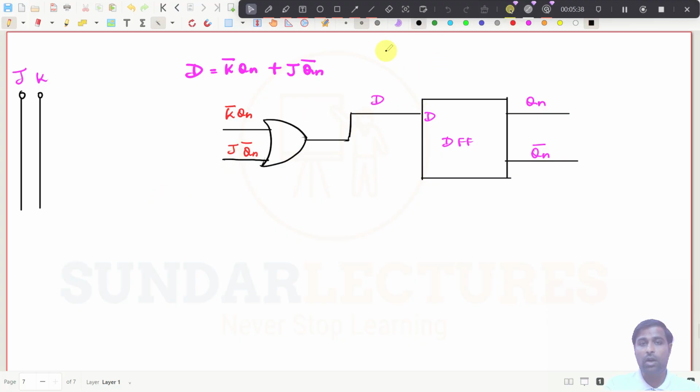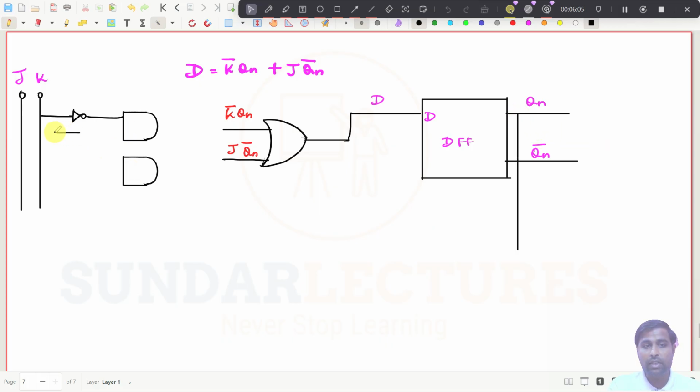So what we need to do now, we need AND gates, maybe I will draw. I have just taken 2 AND gates here. What is the one input now? It should come from K bar, right? So I have to put an OR gate here, and the other one should come from Qn.